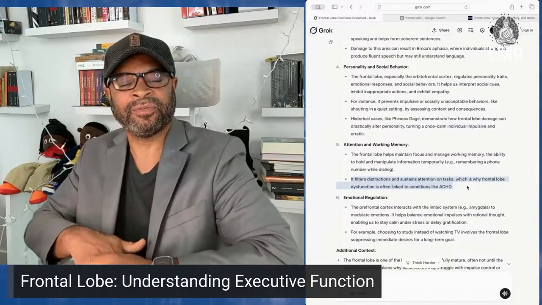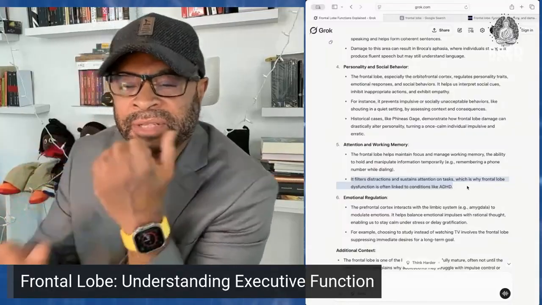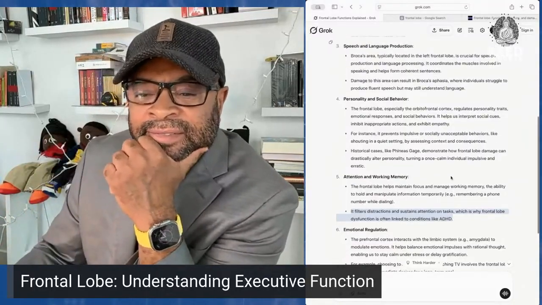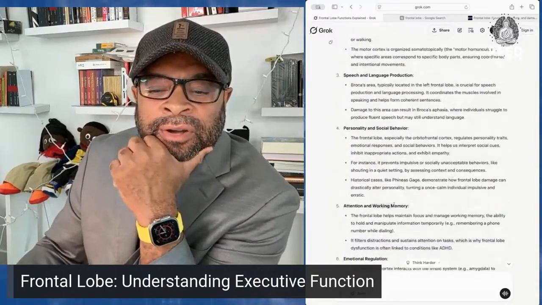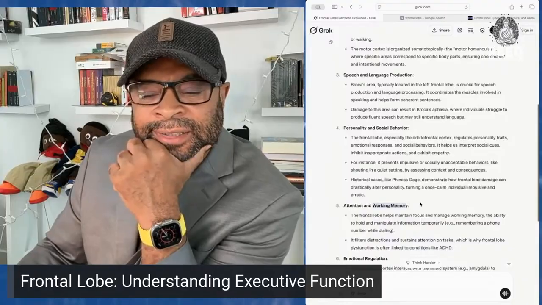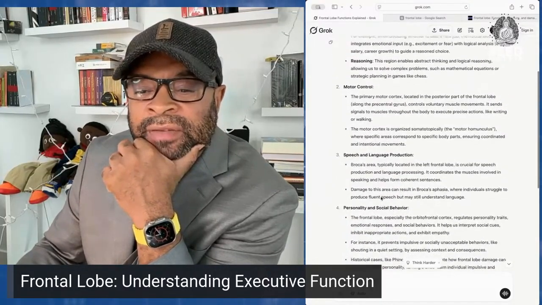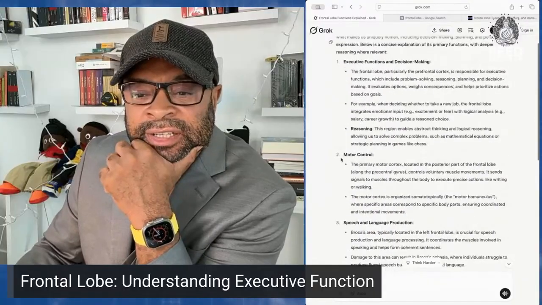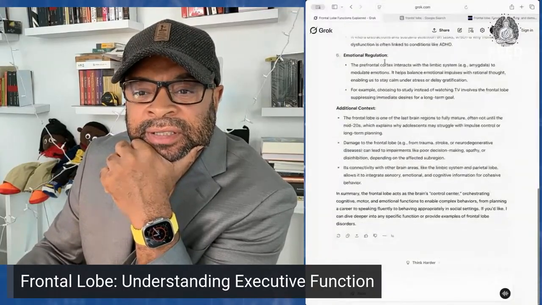Like we said before, attention and working memory. This is significant. I thought part of the working memory was also in the prefrontal cortex. So I can see the attention and working memory, social behaviors, Broca's aphasia, motor control, ADHD, and of course, executive dysfunction.